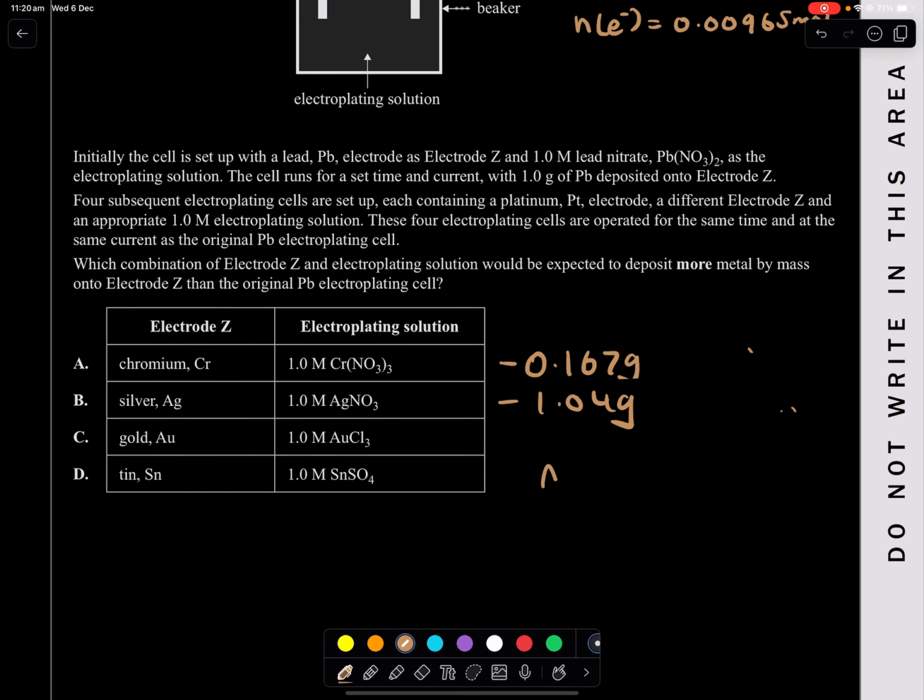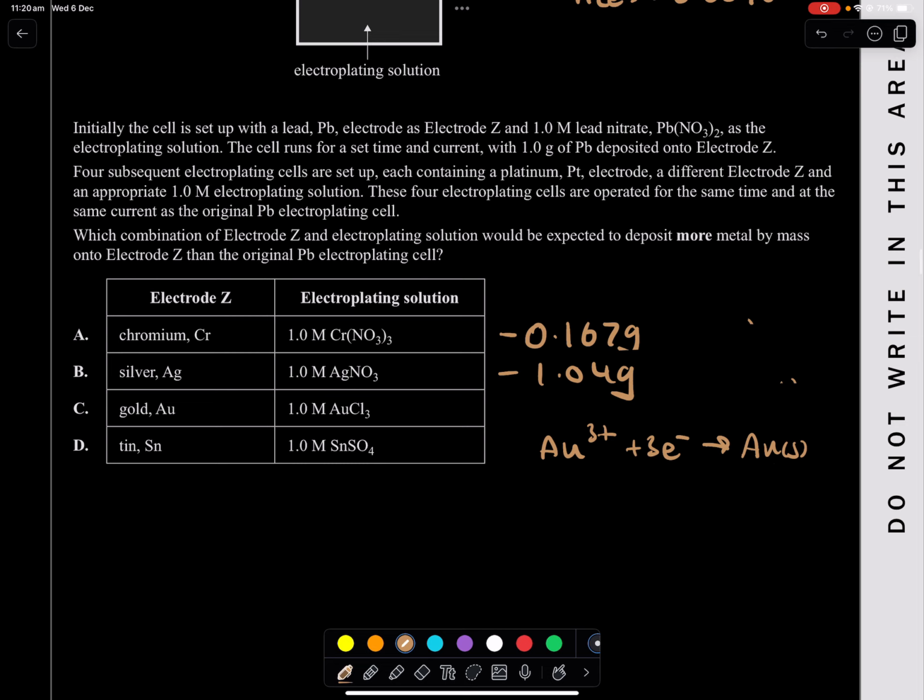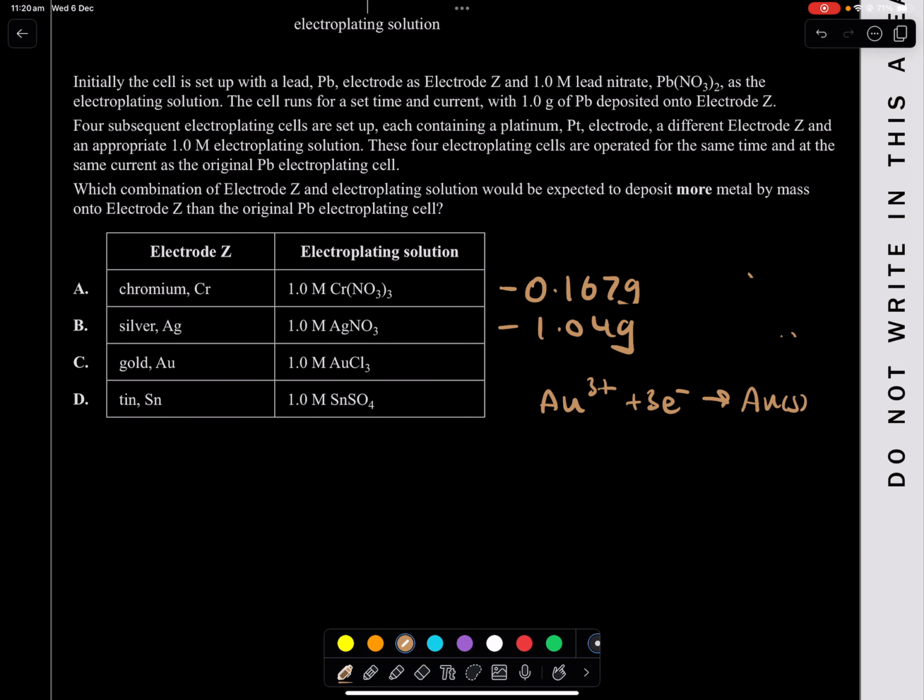So Au is going to be Au3+ plus 3 electrons goes to Au solid. So what do we know?